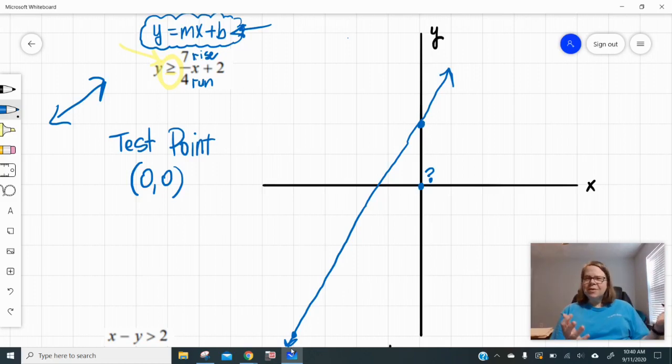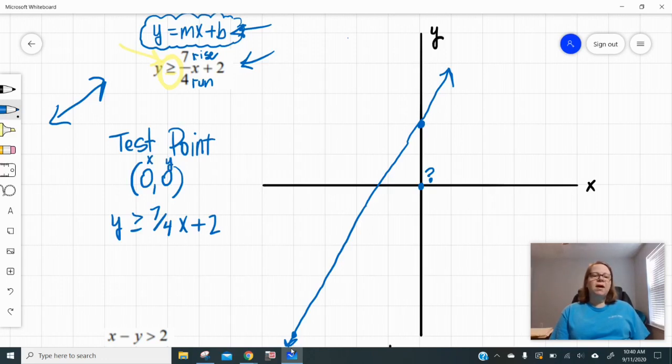But that doesn't happen a lot, so you don't have to worry about it too much. So I just picked a point, and I'm going to test it. Here's what I mean by test it. I'm going to write down that inequality from up here, and I'm going to plug in, because remember, a point is just an x, y coordinate. So where I have y and x, I can plug in zeros.